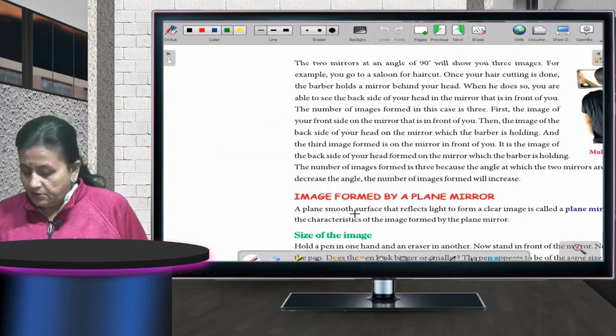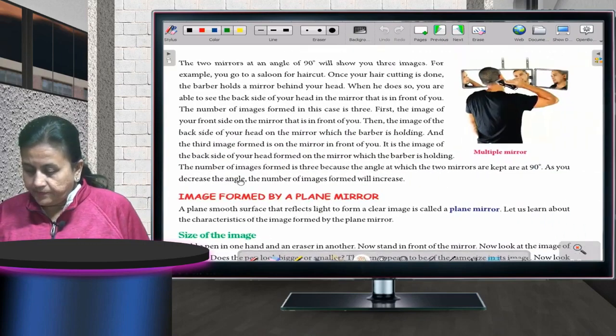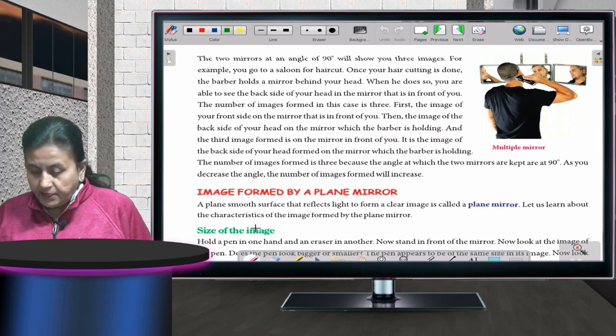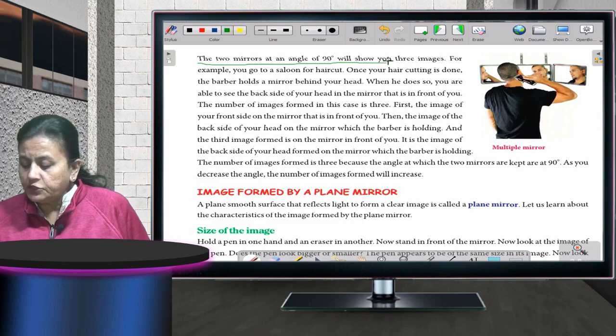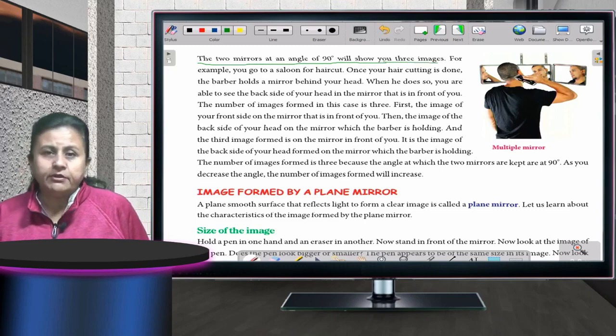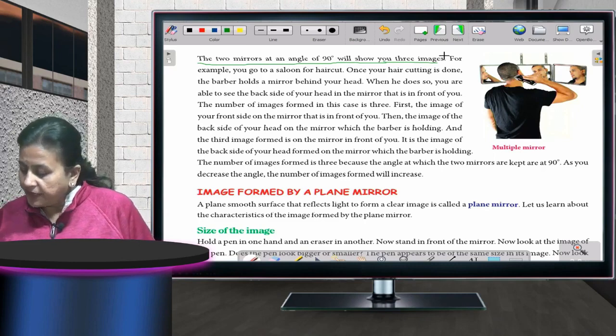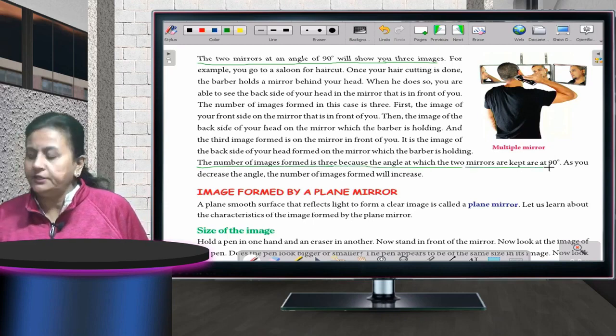I told you just now, 2 mirrors at an angle of 90 degrees will show you 3 images. Just now I gave you the example of the barber shop. So we can conclude with this: the number of images formed is 3 because the 2 mirrors are at 90 degrees.